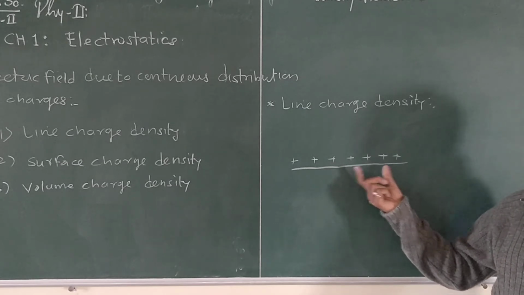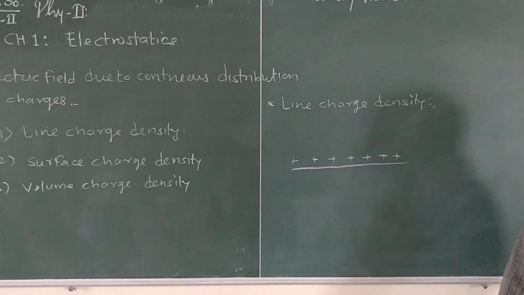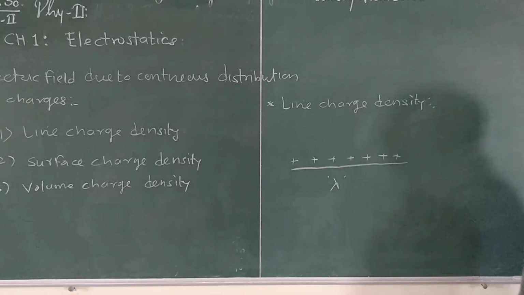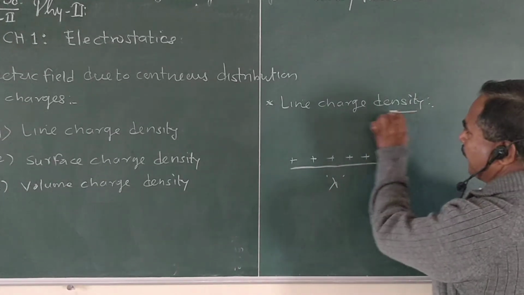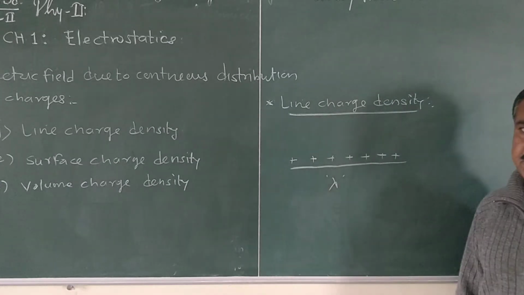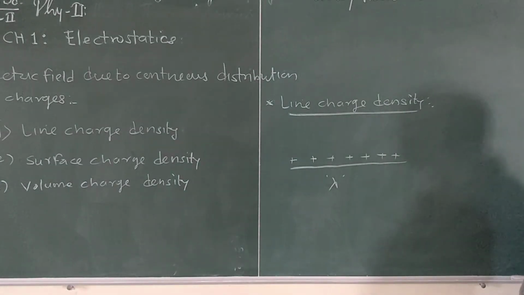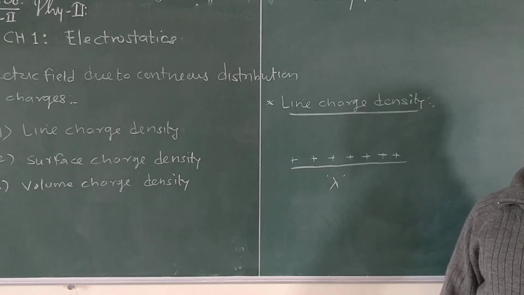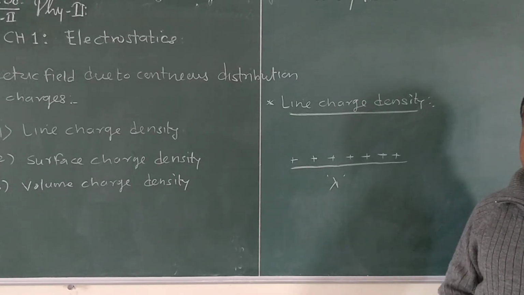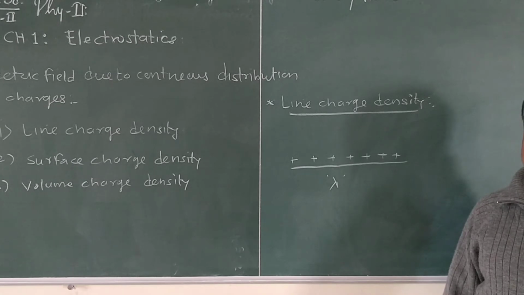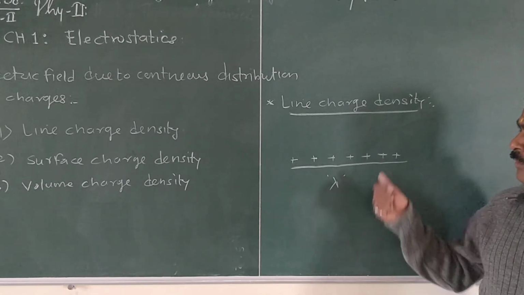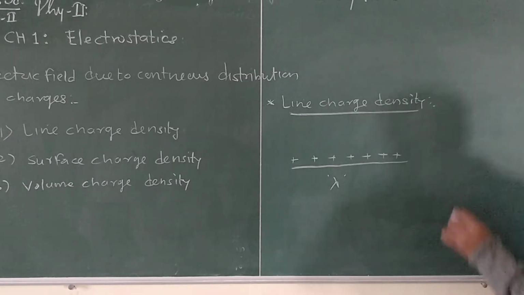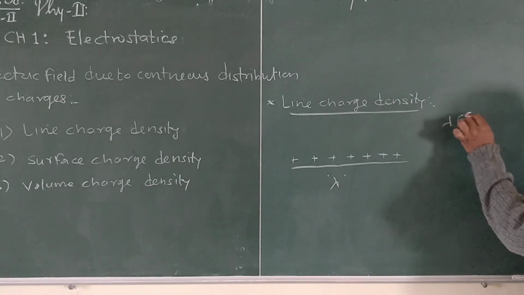Then it is called the line charge density, and it is denoted by lambda. Line charge density means if there are continuous distributions of charges along the line. The definition: we write here lambda of r.